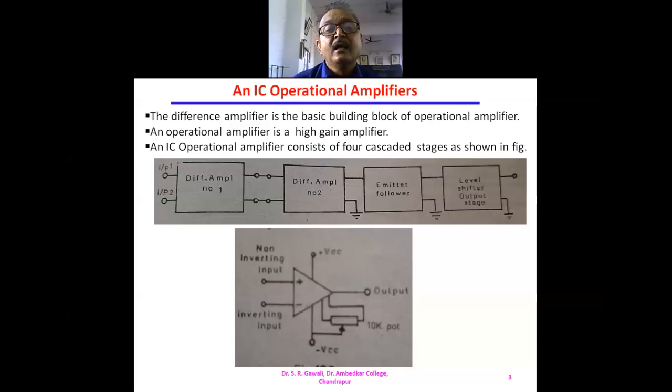This is the electrical symbol of the operational amplifier, and it has 2 inputs. One is the non-inverting input, represented by a plus sign, and the other, the minus sign, is the inverting input. There are also 2 power supplies used in the operational amplifier, plus VCC and minus VCC.